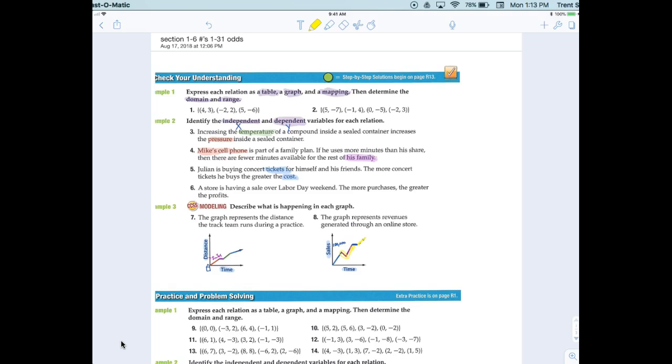And what is in there right now besides the review? Section 1-6 solutions. So what are we working on tonight? What's our homework? The odds. Right, and we're doing specifically section 1-6. Now, here's what I'm trying to tell you.